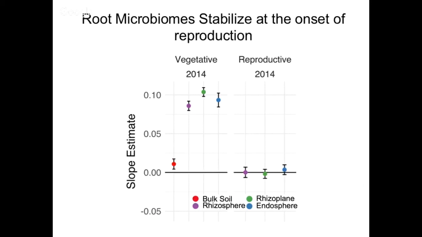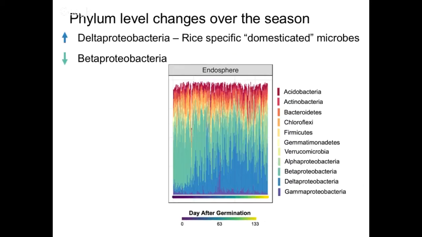So this indicates to us that at least 56 to 63 days after germination that these microbiomes begin to stabilize. And so we can depict that with these different phyla distributions here. So we can see that delta proteobacteria goes up over the course of the season, and beta proteobacteria goes down over the course of the season.